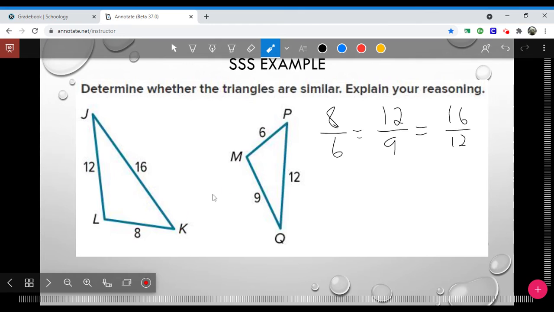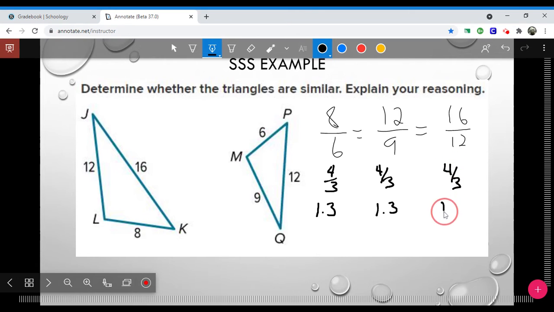Now, why 8 on top and not 6 on top? Personal preference. If you put 6/8, that's fine. Just make sure you then put 9/12 and 12/16. You just have to stay consistent. And again, you could tell me that the fractions reduce to be the same, or that the decimals are the same. You have to show me that the decimals are the same or that the fractions are the same.